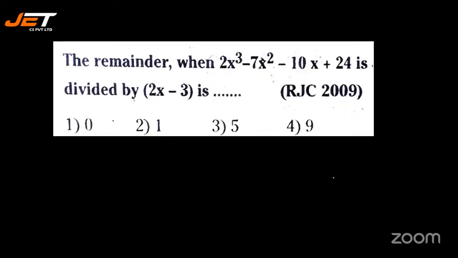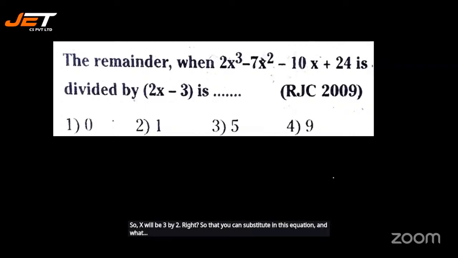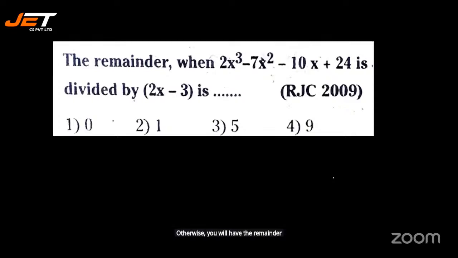One way is you can do the long division method. Other way is you can make this 2x minus 3 is 0. So x will be 3 by 2. Right? So that you can substitute in this equation and if it is 0, then it means there is no remainder. Otherwise, you will have the remainder. That is the answer.